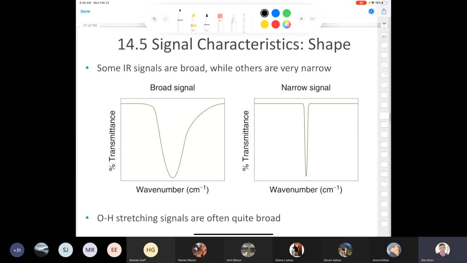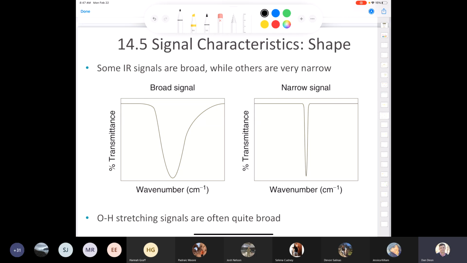All right, let's move on from there and talk about the shape, because we noticed that some signals were broad and some signals were sharp, and there's a good reason for that too. If we have an alcohol, for example, alcohols exhibit hydrogen bonding.